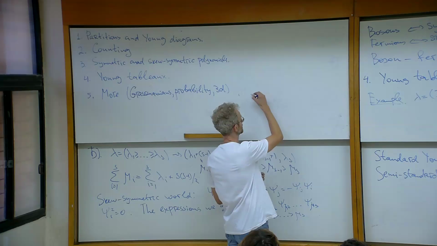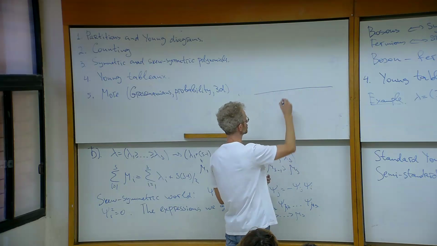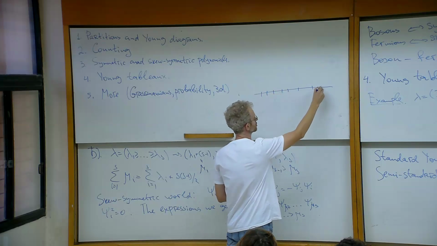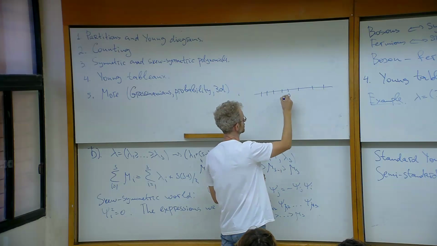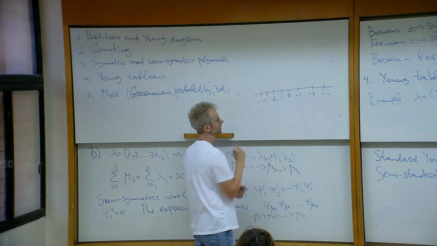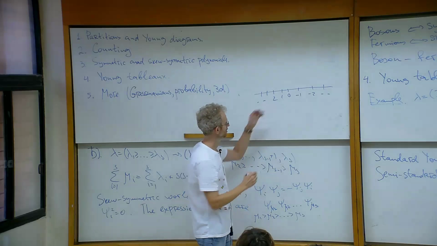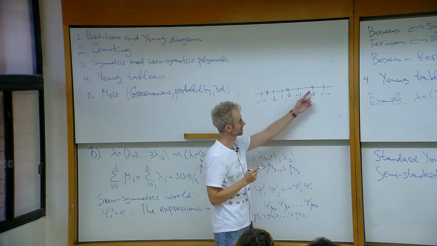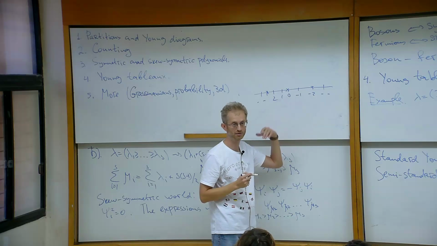So it means that you somehow draw a picture, and then you draw all possible values of your energies. So this is 0, 1, minus 1, 2, minus 2, and so on. And then you put, say, crosses at the places where you have detected a particle with the given value.